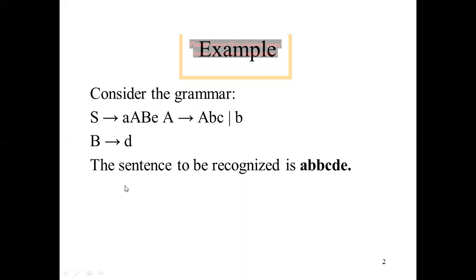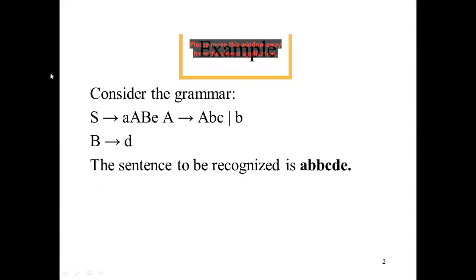Now you can see the sentence to be recognized is a, b, b, c, d, e. So this is given in the problem. This is the given grammar, and this is the sentence.